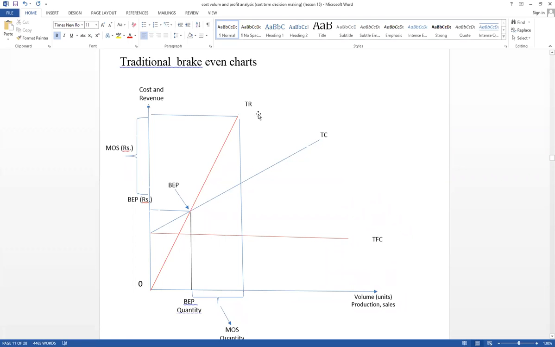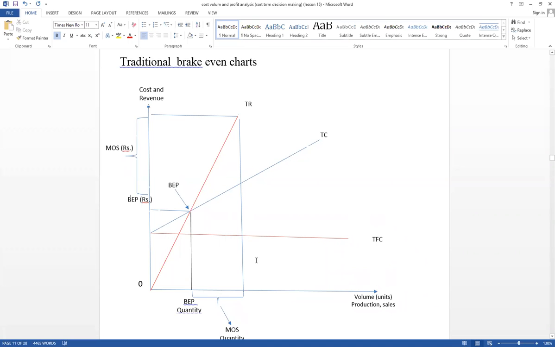Think about total revenue line, total fixed cost, and total cost. Total cost equals total revenue. This is a break-even point. Then in this situation, think about quantity. That is a break-even point quantity. And this is a break-even point value.